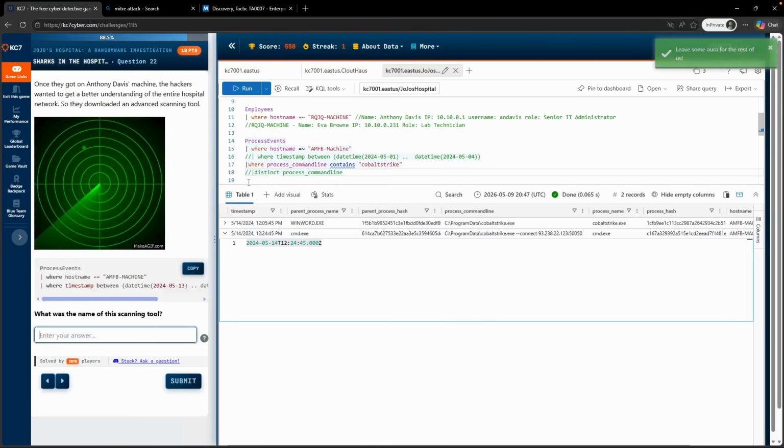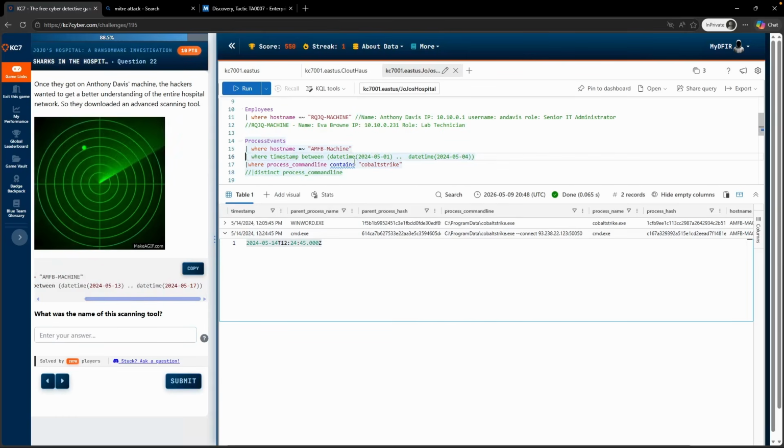Cool. Question number 22. Once they got on Anthony Davis's machine, the hackers wanted to get a better understanding of the entire hospital network. So they downloaded an advanced scanning tool. What was the name of the scanning tool? And taking a look at the time frame, we have the 13th to the 17th. Let's adjust that accordingly here. Change the 1st to the 13th and the 14th to the 17th.